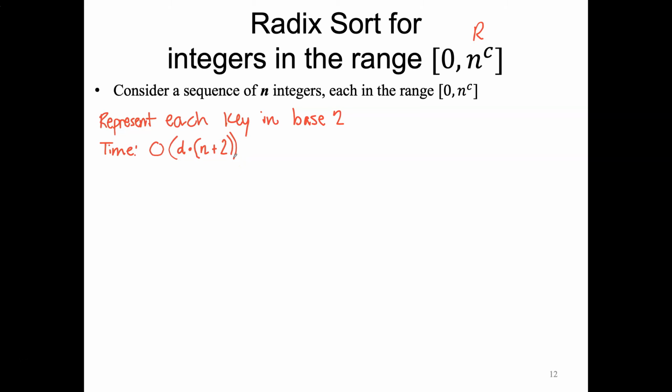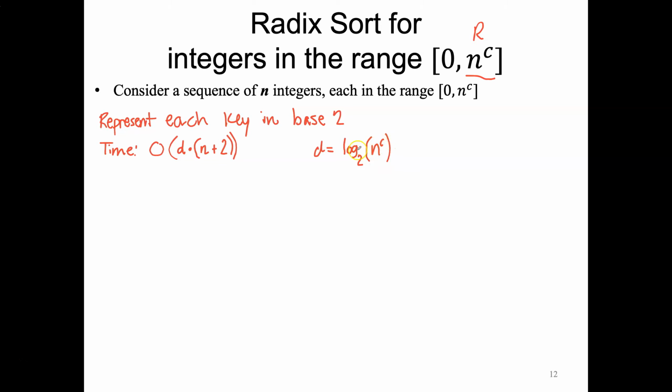So now the cost of this just depends on how many dimensions we have. If we represent our key in base 2, and our key could be as large as n to the power of c, how could we represent n to the power of c in base 2? So the number of dimensions we would need is log base 2 of that largest number we'd have, which is n to the c power.